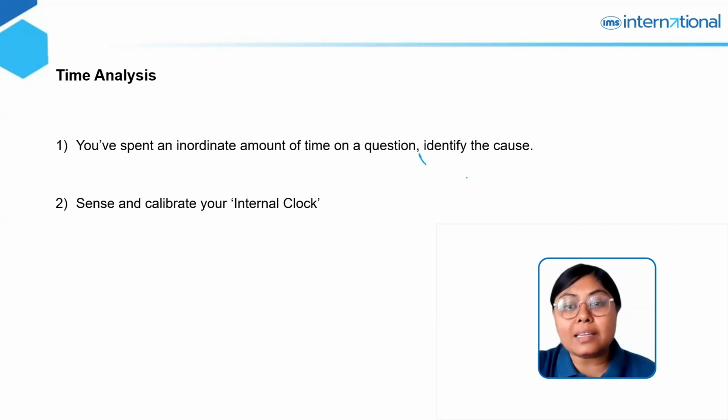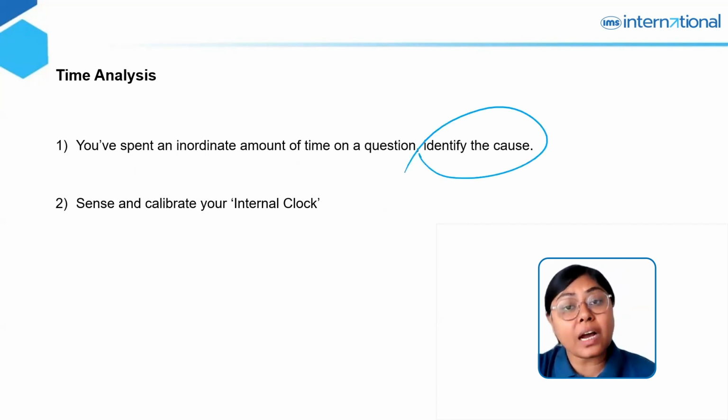You need to identify the cause. Find where the leaks are. Plug the leak. The leak can be in the passage. The leak can be when you're thinking over the options. The leak can also be where you did not understand the question requirement well, hence you needed to spend a lot of time analyzing the options and just got confused. So please identify the cause and prep in that manner.